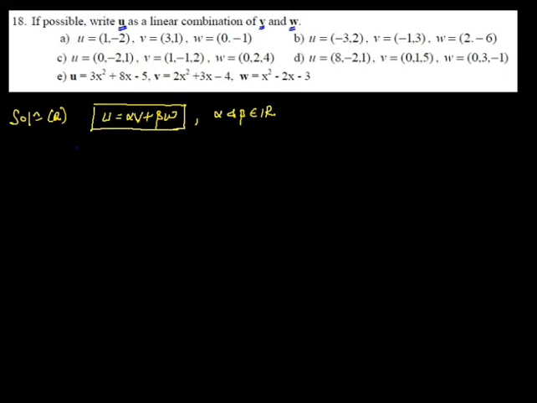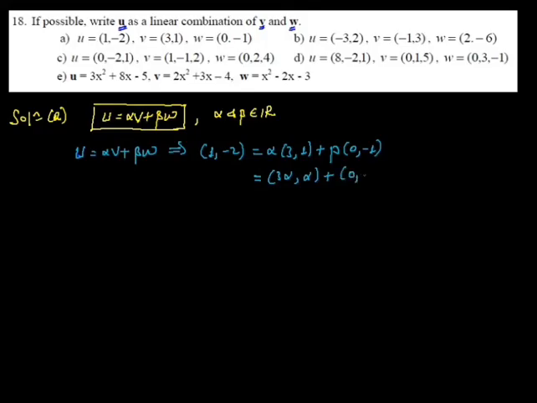u is equal to alpha times v plus beta times w. If this can be expressed, let's try. For case a, u is (1, -2), v is (3, 1), and w is (0, -1). So this becomes (3 alpha, alpha plus 0 minus beta).